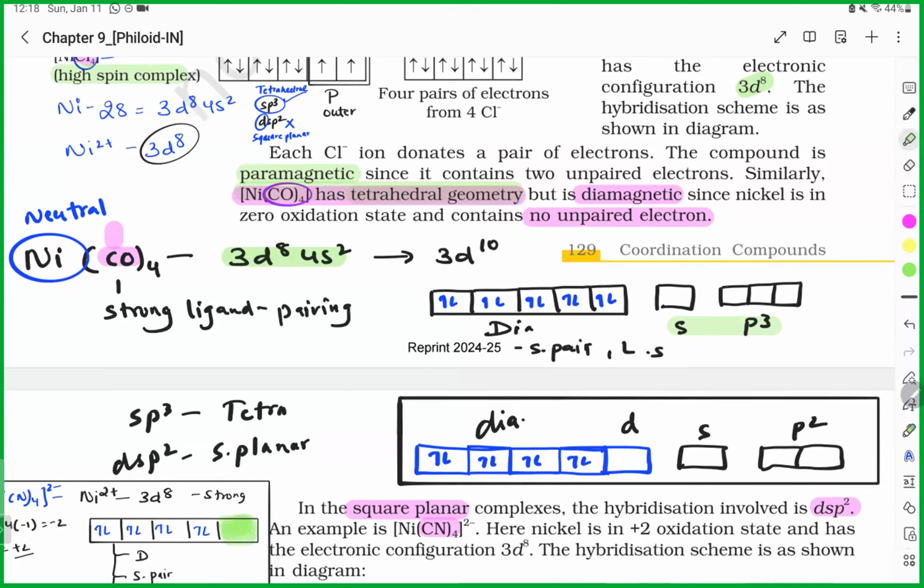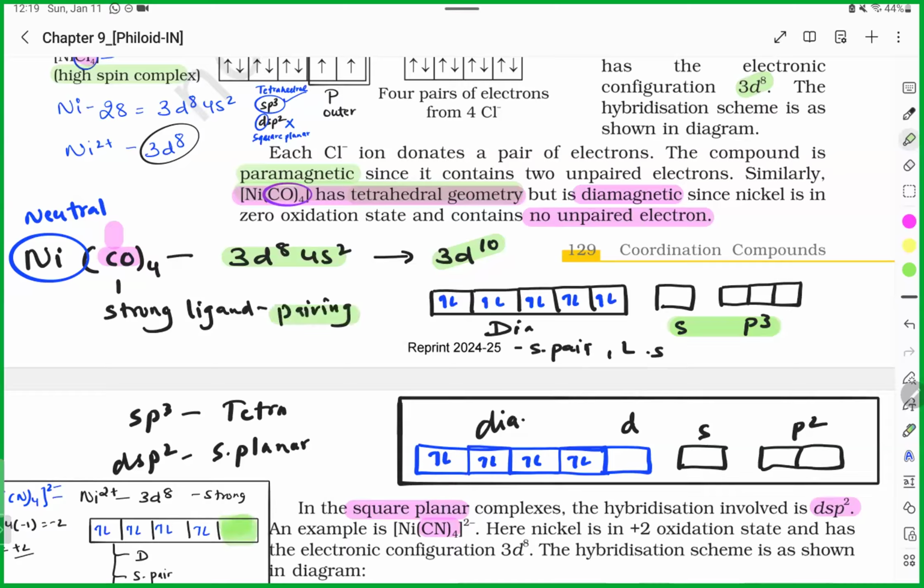What will happen? It will cause pairing of even these two s electrons and make it 3d10.